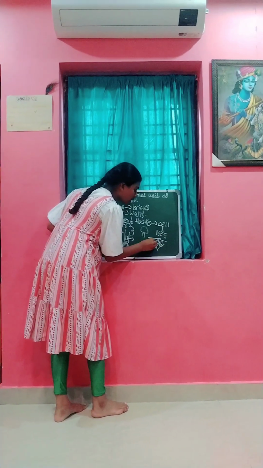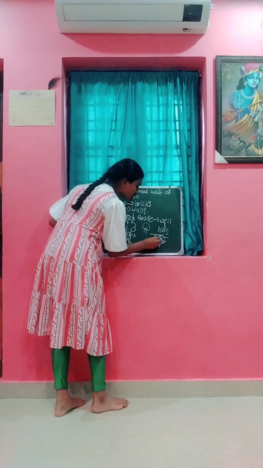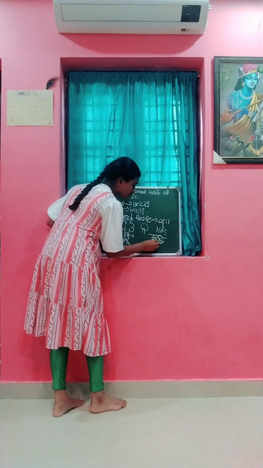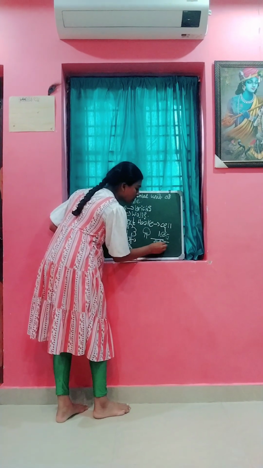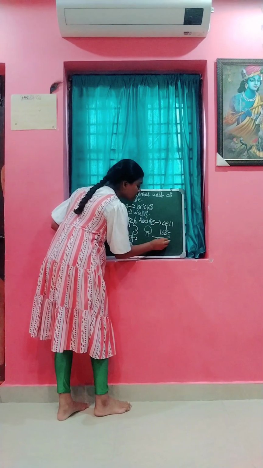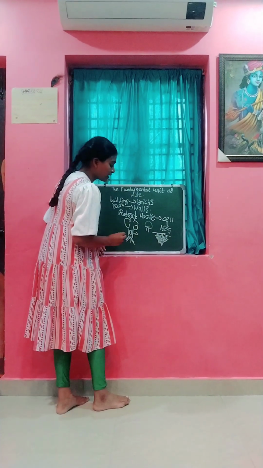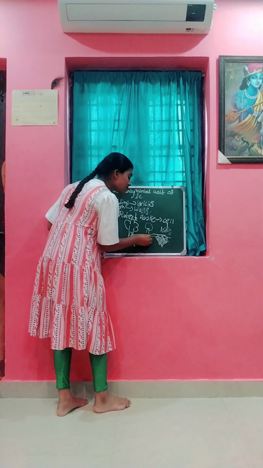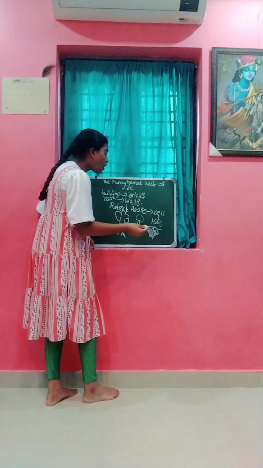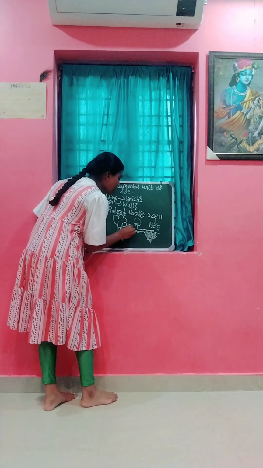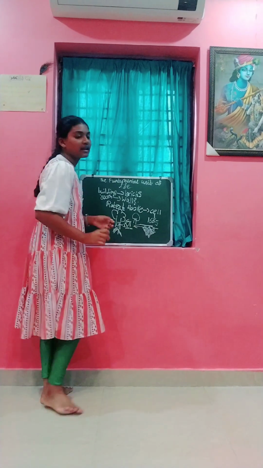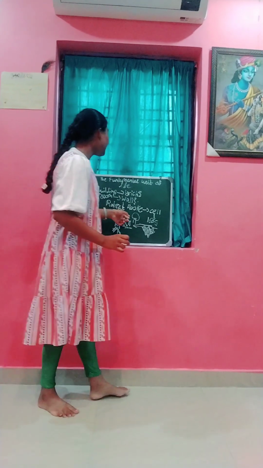You all know honeycombs, made by honeybees. Inside the honeycomb-like structure small holes are there. He considered those small holes as small rooms. The Latin word for small room is cell. Understood? So, he discovered the cell in this way.